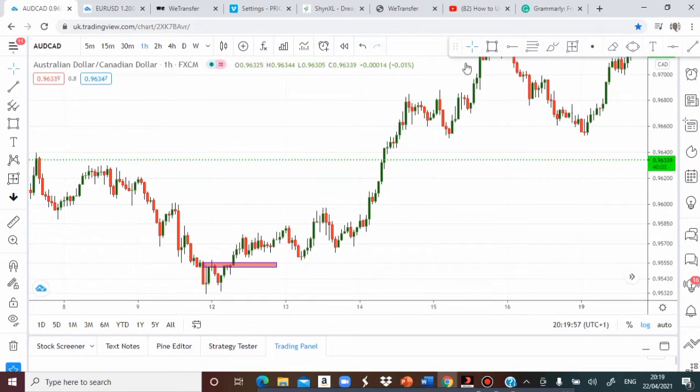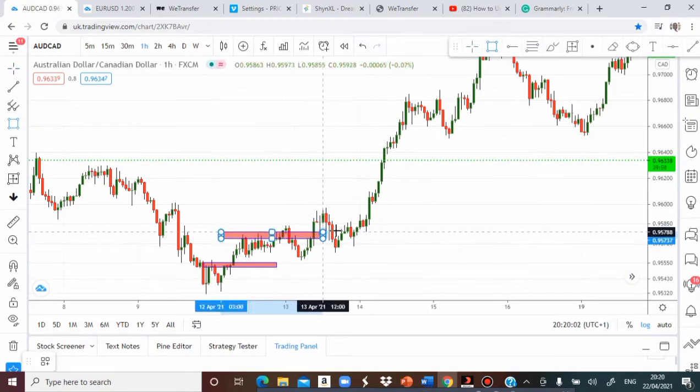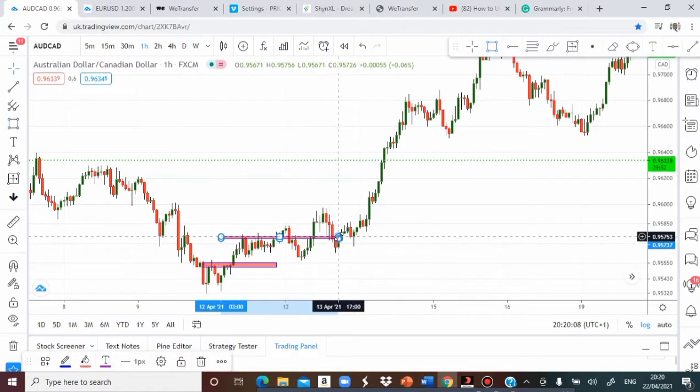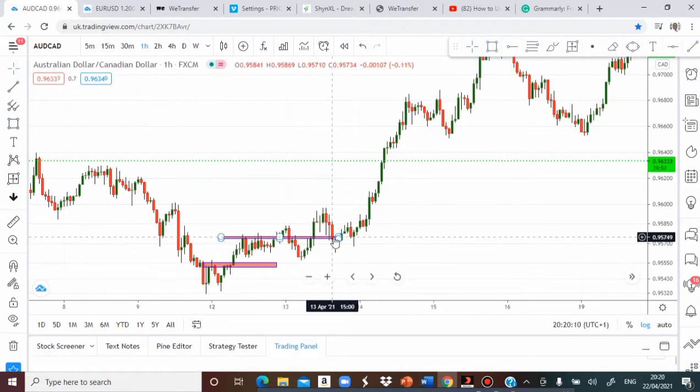This is the second high. Now you have made a confirmation that this market has indeed formed an uptrend. So what are you looking at? You are looking at price to come back to this place and do a retest.